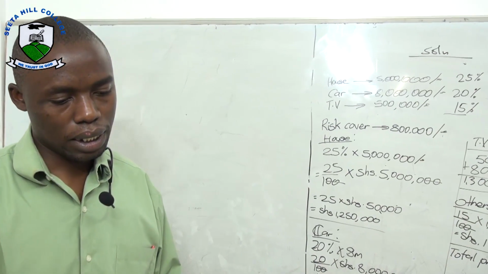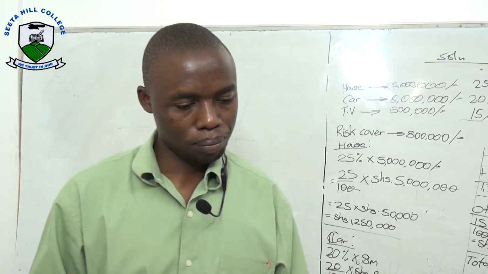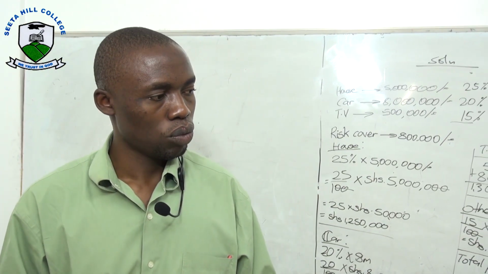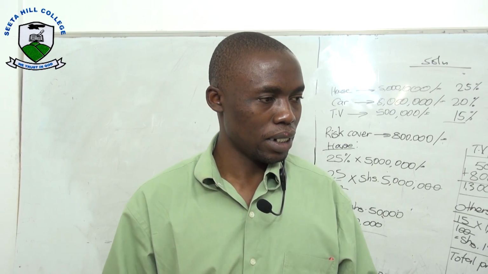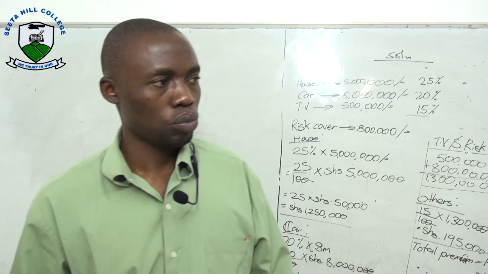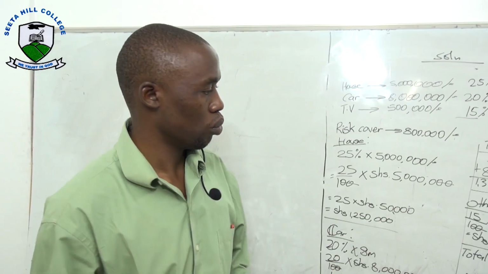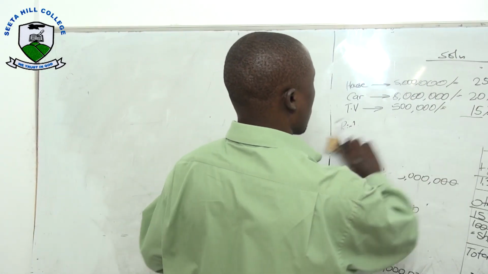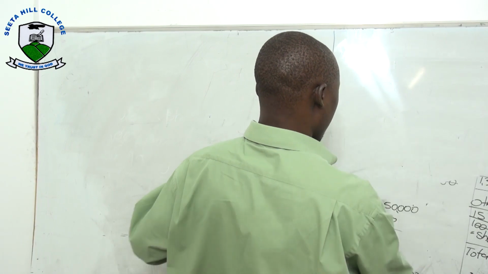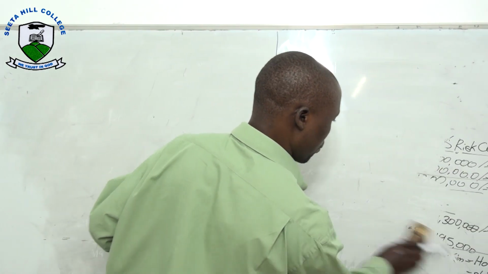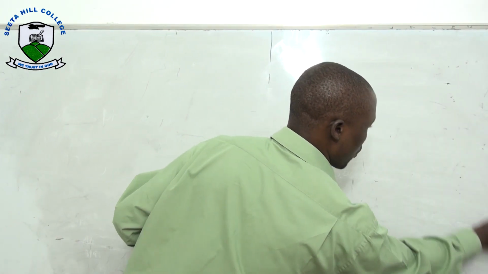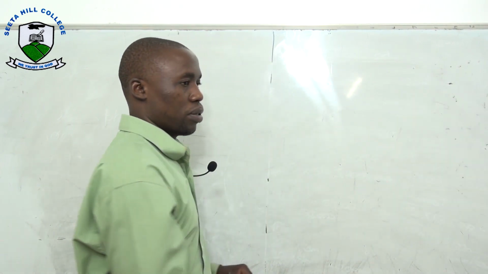Let us discuss another one here called, what is that next business item? Interest. Now, interest is an extra money that they put.